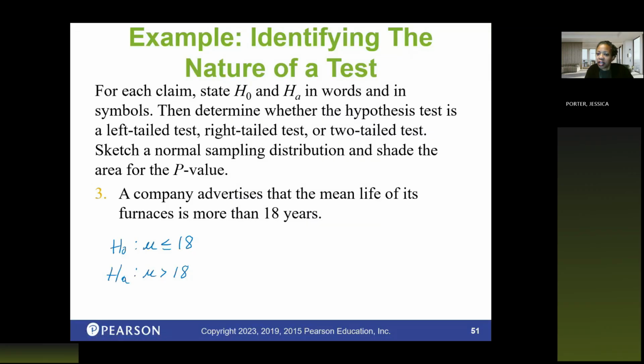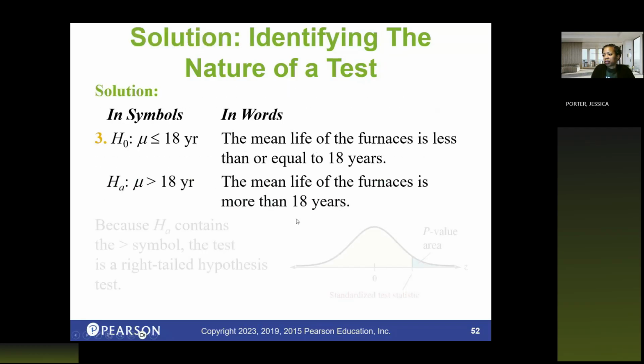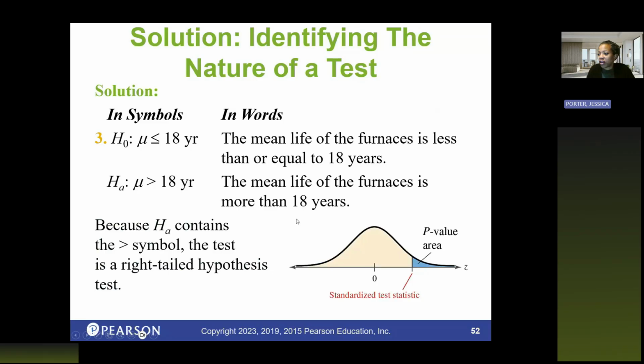All right, a couple of rights. Right-tailed. You are right. It's a right-tail test. The p-value area is on the right.